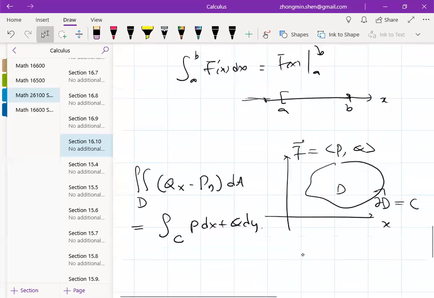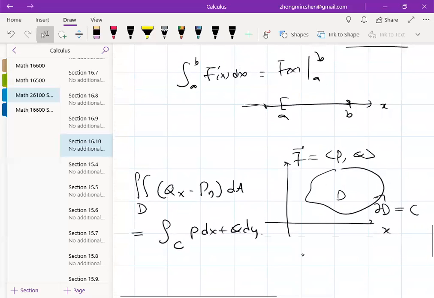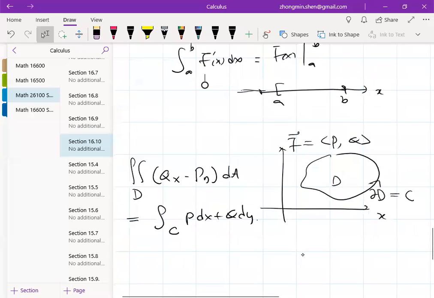But this time when we use the theorem, we actually do the opposite way. For the fundamental theorem of calculus, we evaluate the integral and at the end change the integral to the difference of the function at the 2 endpoints. But here we go the opposite direction. We try to evaluate the line integral, then change it to the double integral.